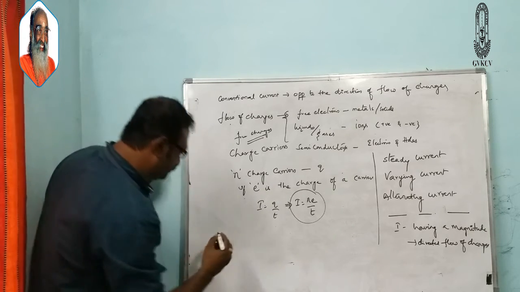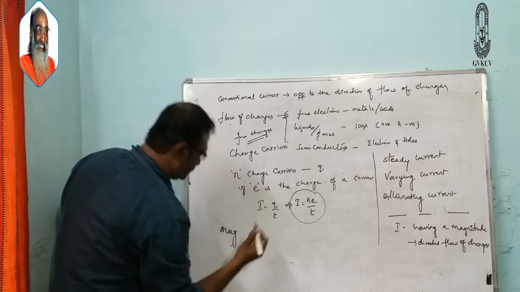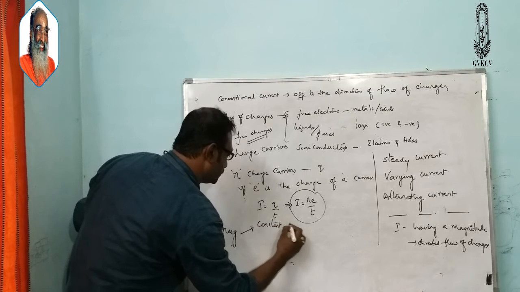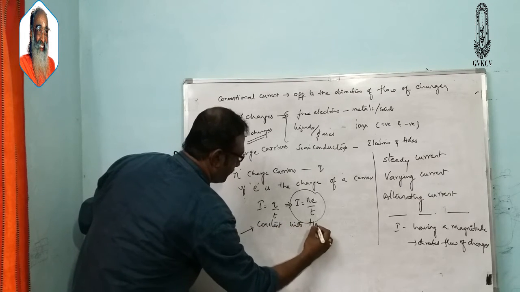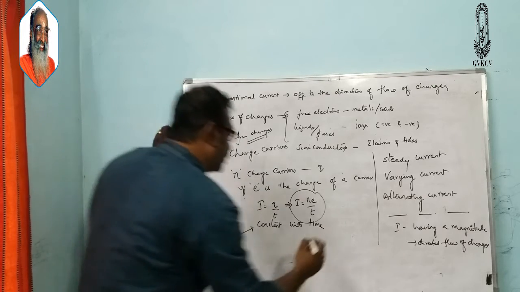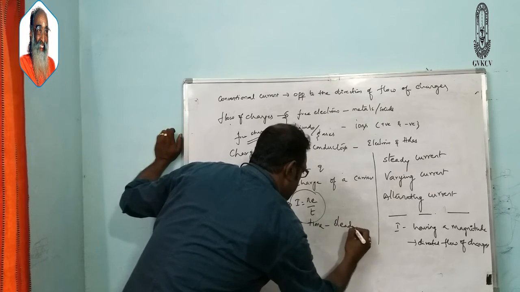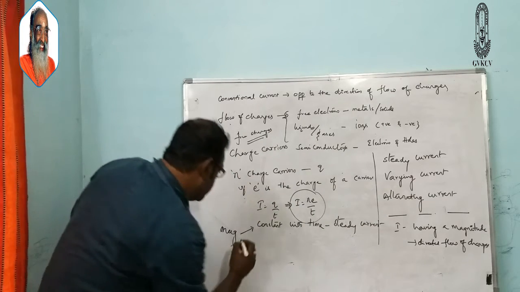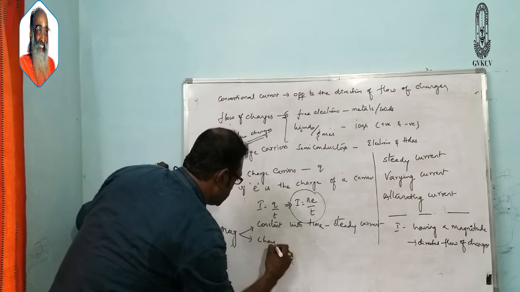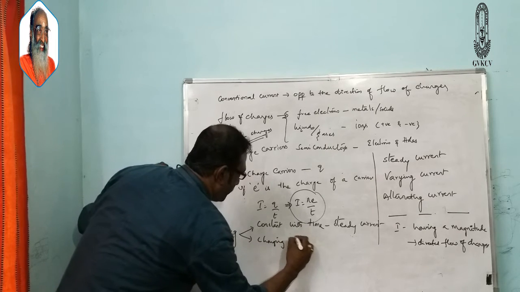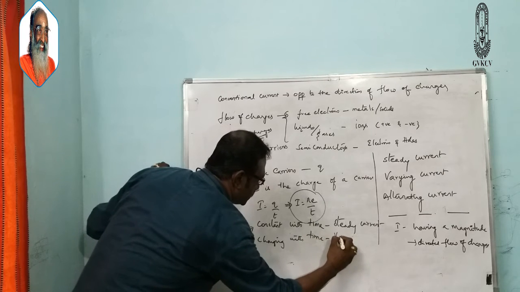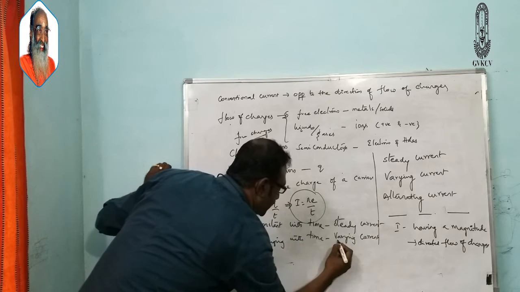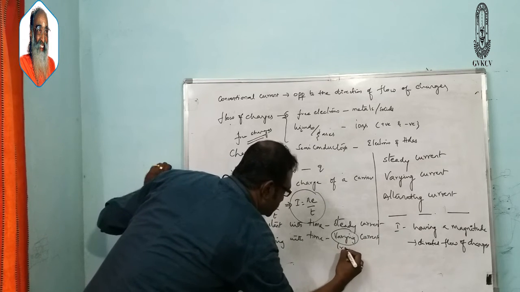If this magnitude is constant with time, then we will be calling this the steady current. And if this is changing with time, we will be calling this the varying current. Another name for this varying current is transient current.